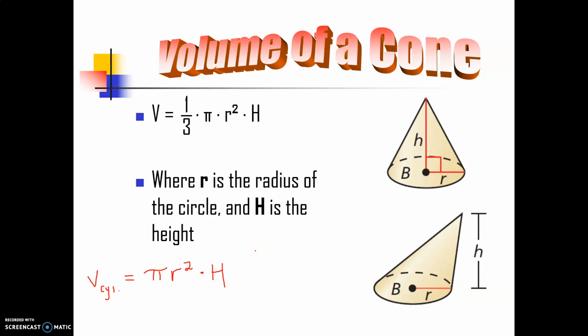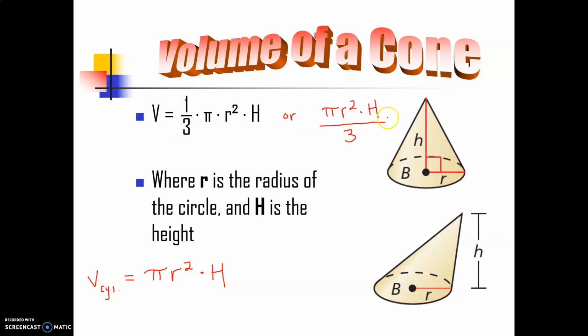And as the video illustrated, it takes 3 cones to give you the same volume that a cylinder does. Therefore, the volume of a cone is 1/3 pi r squared times height. Another alternative formula that I really like to use is pi r squared times height, all divided by 3.